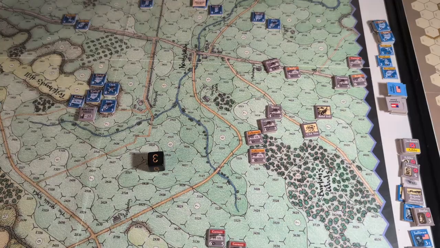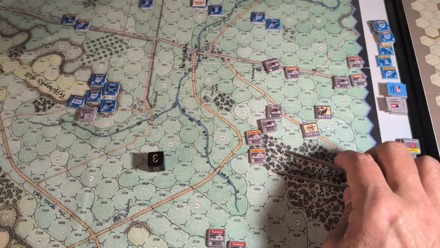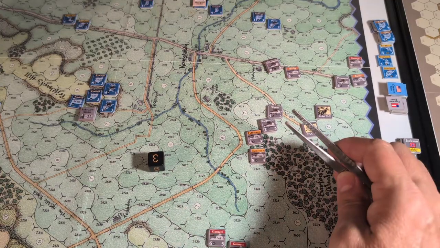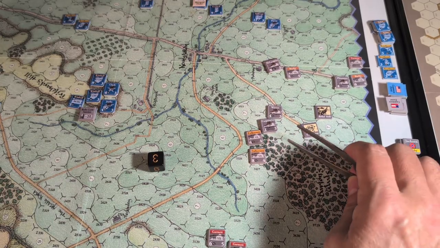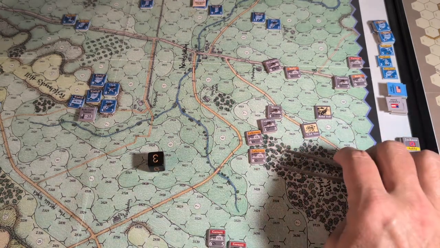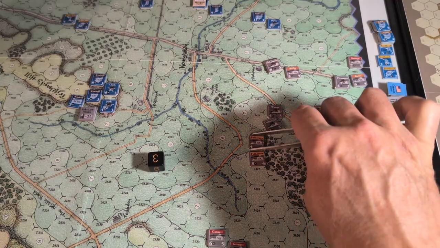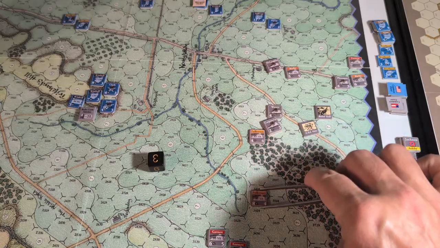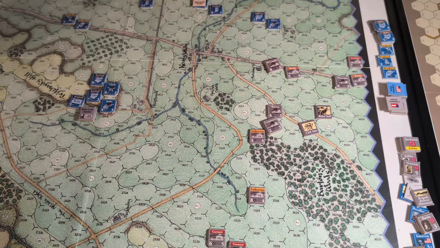So we'll leave that one there. Move this one. 1, 2. Okay. So that's the end of that turn.